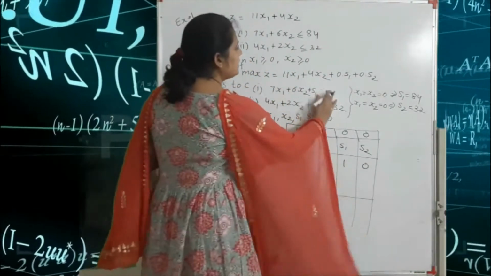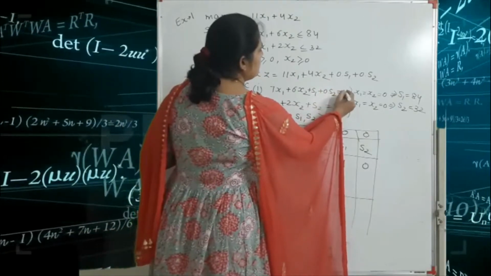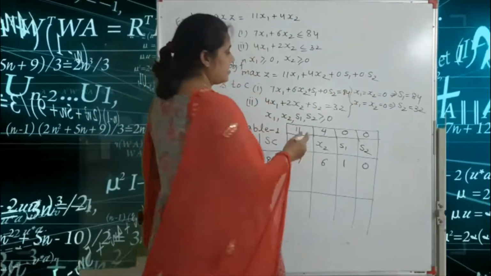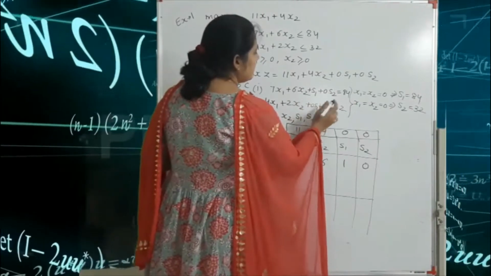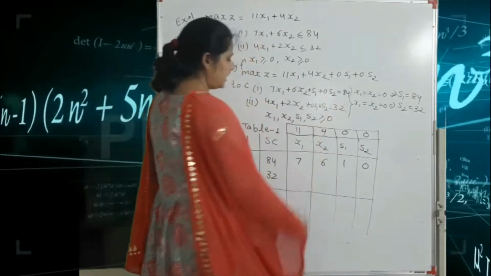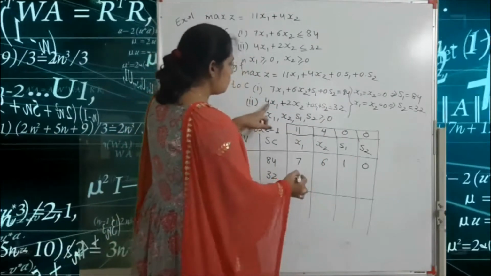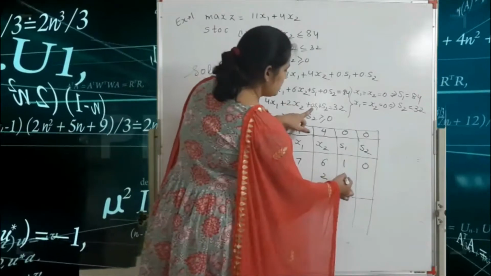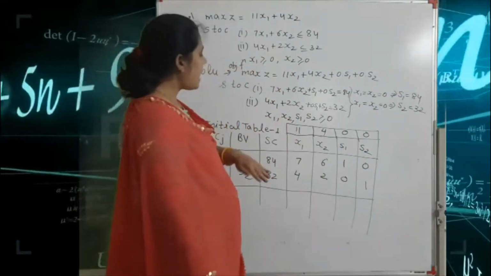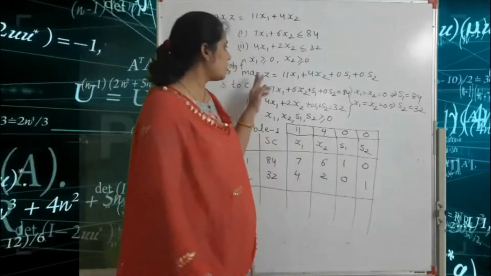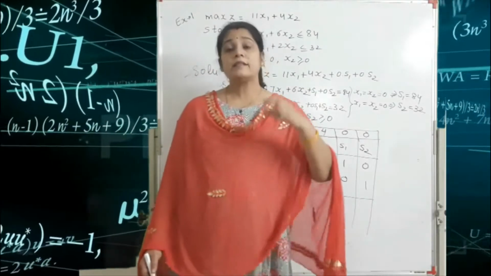If you have any confusion, we write 0 dot s2 is equal to 84, and here 0 dot s1 plus s2 is equal to 32. The second equation is 4, 2, 0 and 1.